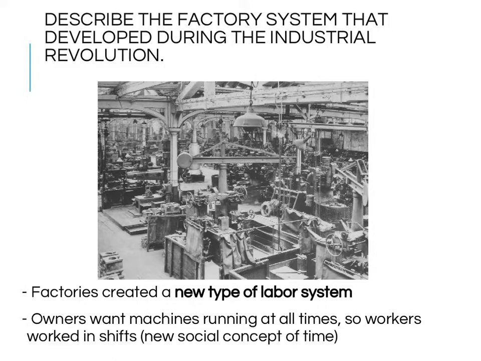This led to a whole new social concept of time, because on the farm, which is where most people had come from before they moved to the cities, their jobs were pretty much dictated by nature. Like when the sun comes up, that's when people go to work. When the sun goes down, that's when work ends. And so this idea of working on a particular schedule that developed with the factory system was very different to a lot of people.